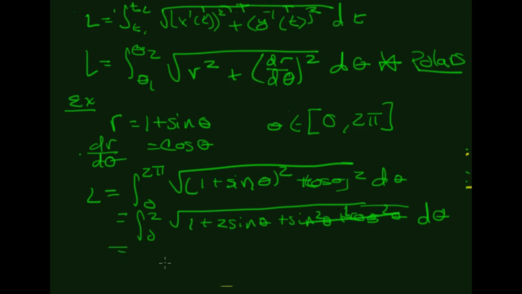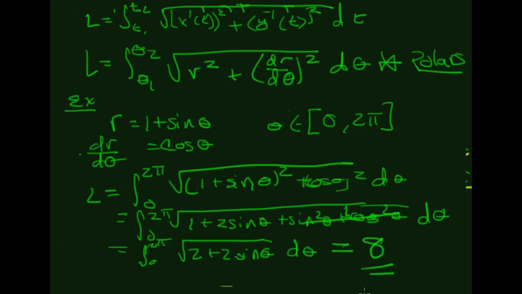So that's going to come out as the integral from 0 to 2 pi of the square root of 2 plus 2 sine theta d theta, which the square root there causes some problems, but that's about as simple as we're going to get without some major intervention. If you throw that into the calculator, believe it or not, that is 8. That works out to be 8.